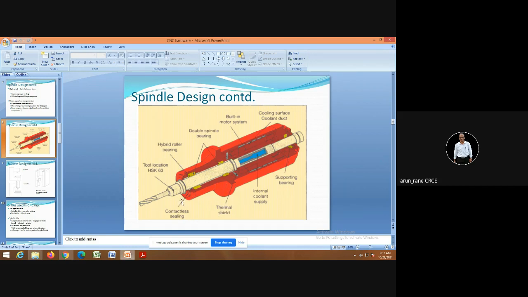In order to make it compact, some spindles are integrated, that is, spindles are directly attached to the motor, which is called the built-in motor system. And at the end of the spindle, there is a provision to mount the tool.